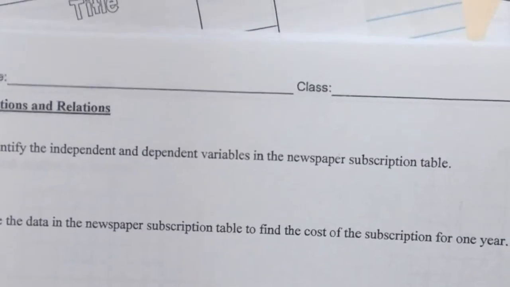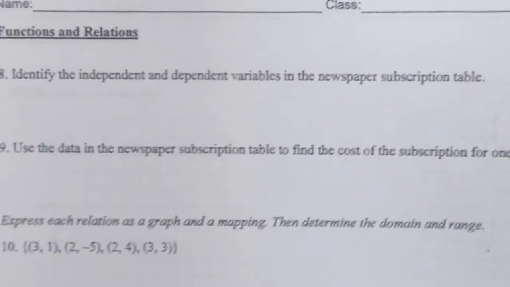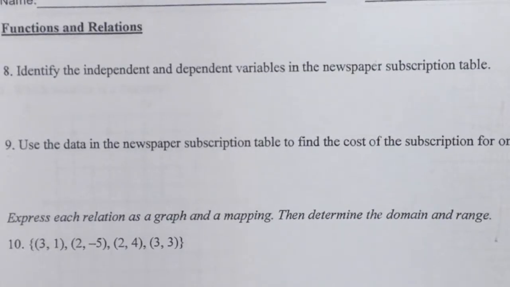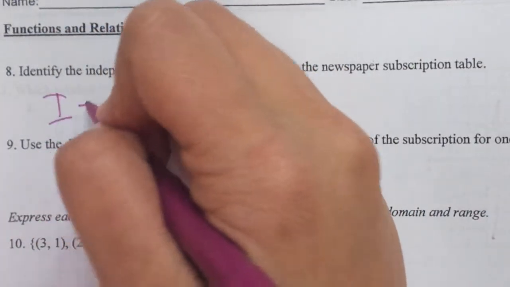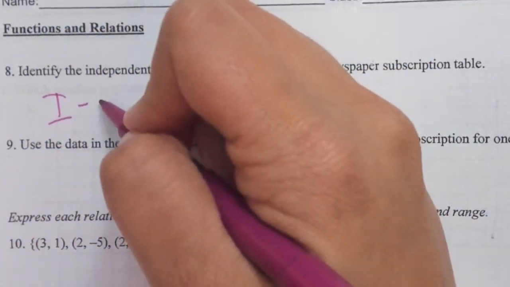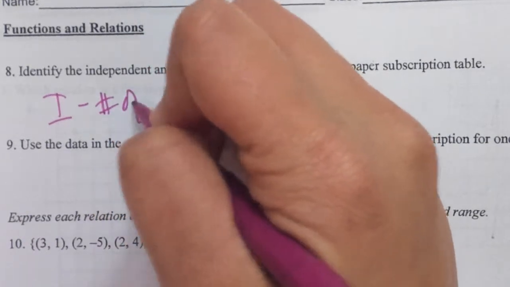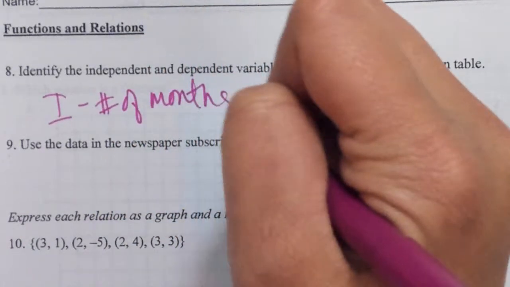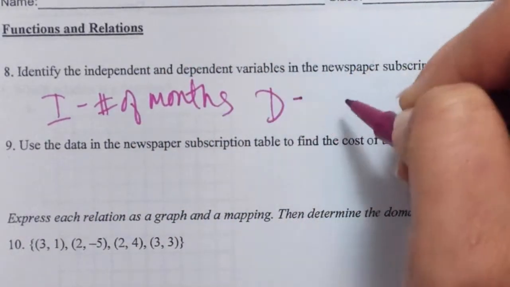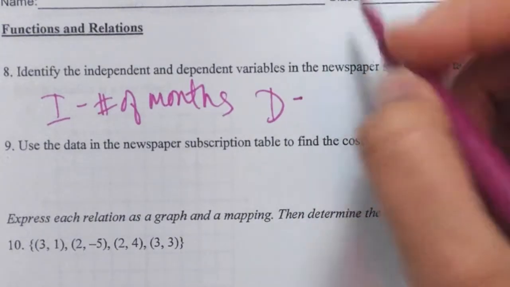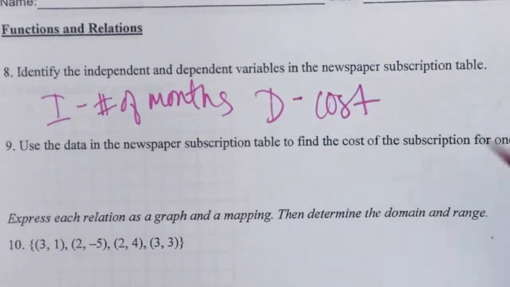Number 8, it says identify the independent and dependent variables. Sam, independent. Number of months. Number of months is the independent. And the dependent, Tyler, the cost. Fantastic.